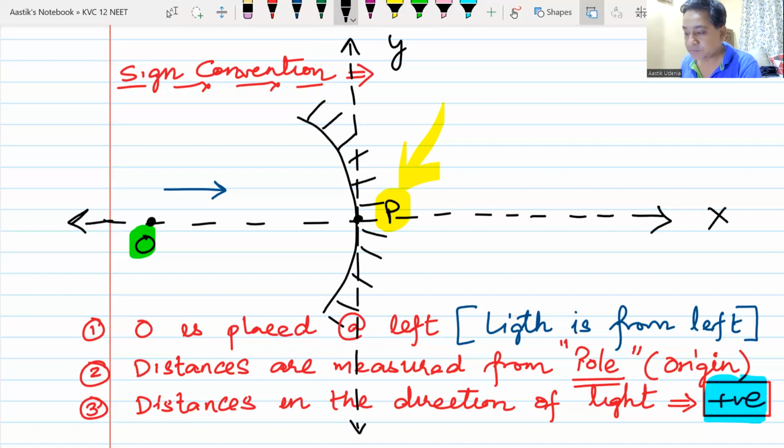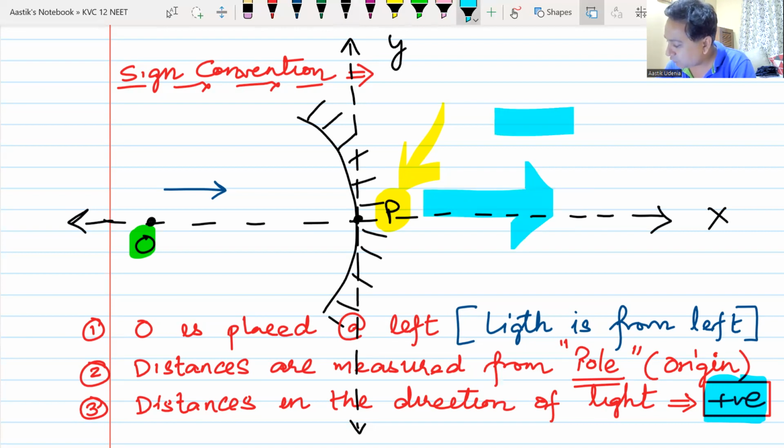I've just drawn the axis as we had drawn in the first chapter. Now distances are measured from the pole in the direction of light, and the light is coming from the left. That means from the pole, if the distance is on this side, it would be positive. Do we understand this?